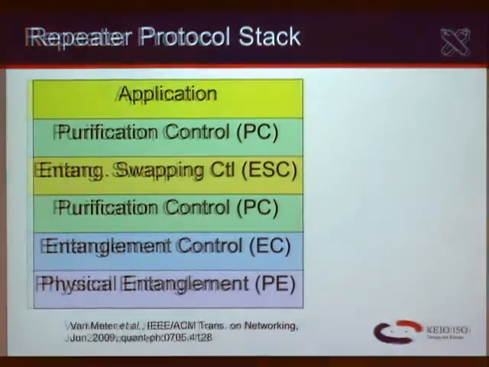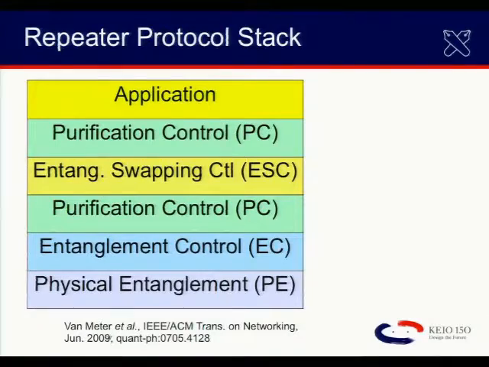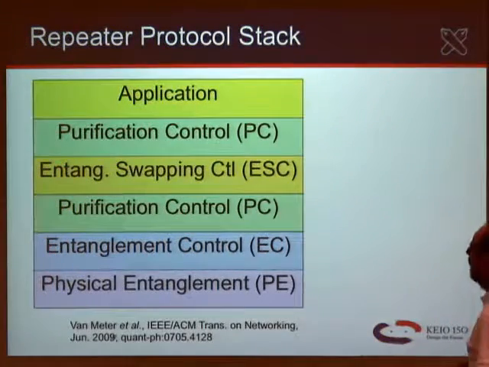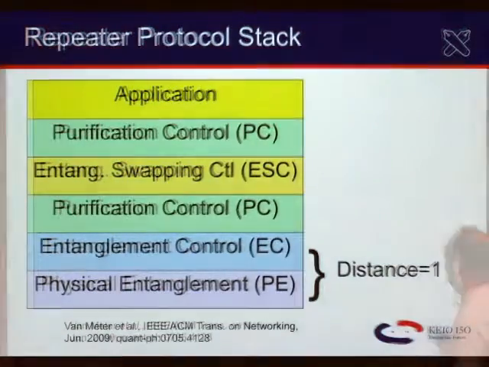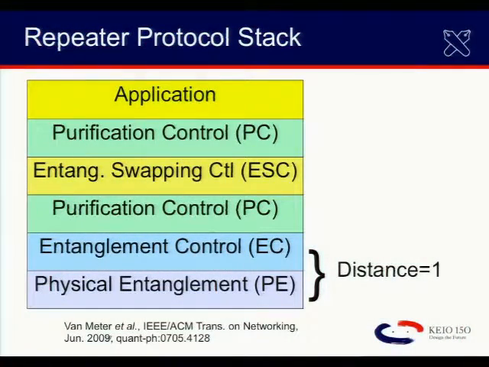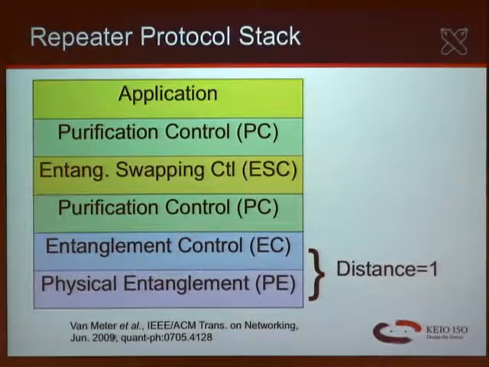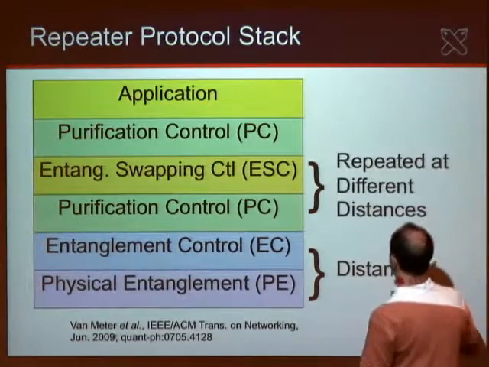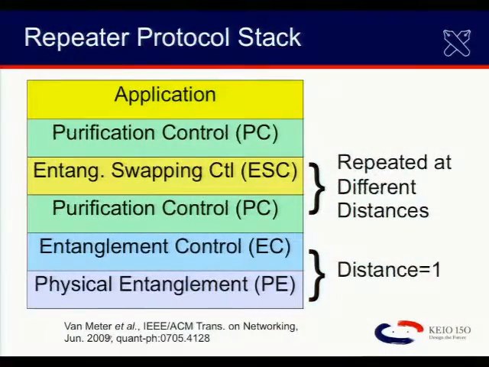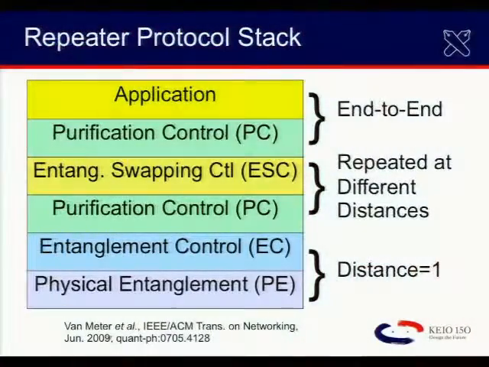And then at the top, you'll have some sort of application protocol, which might be your quantum key distribution or whatever it is. Okay. Now, interestingly, this is done at distance 1. Both of these are only over a single physical hop. This part is repeated at different distances, and then again, you'll need some stuff end to end.